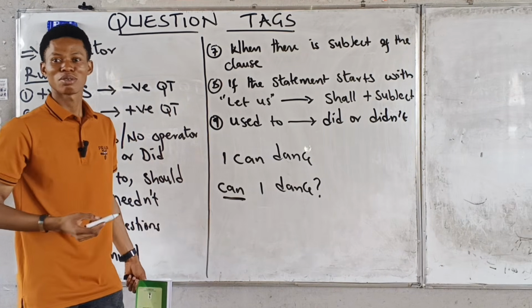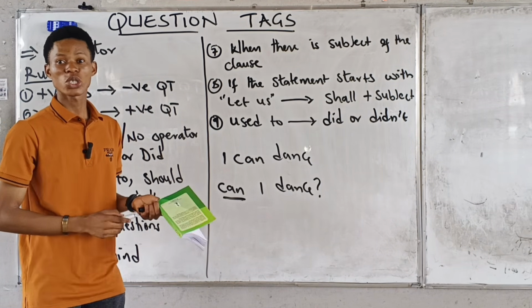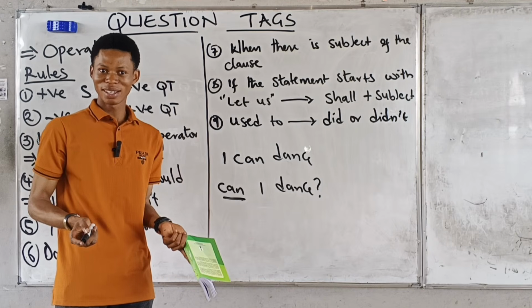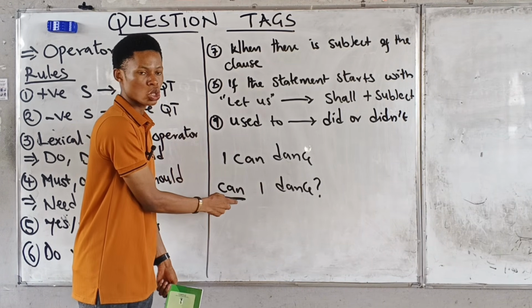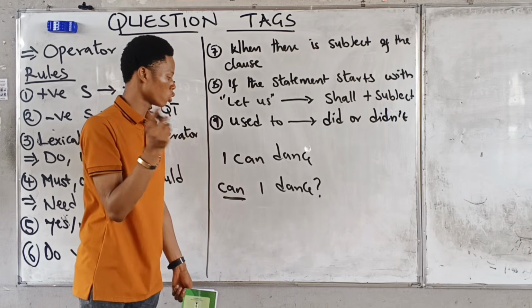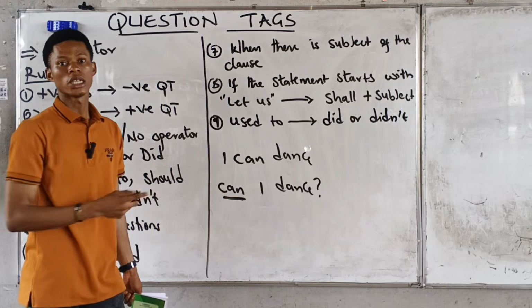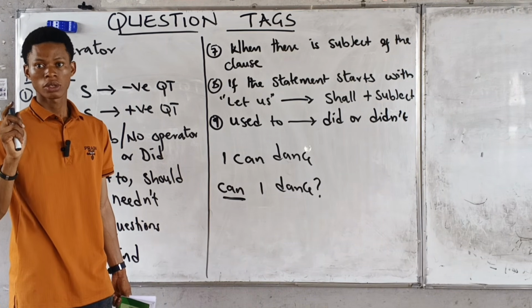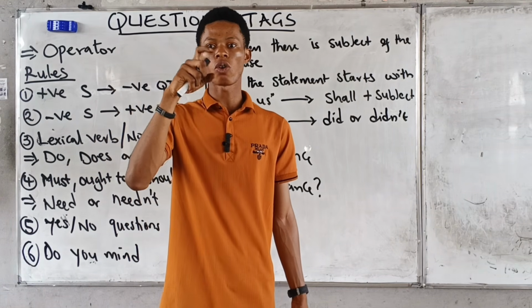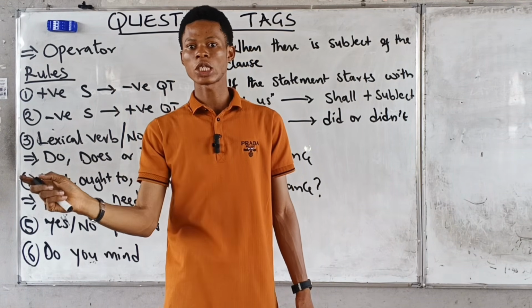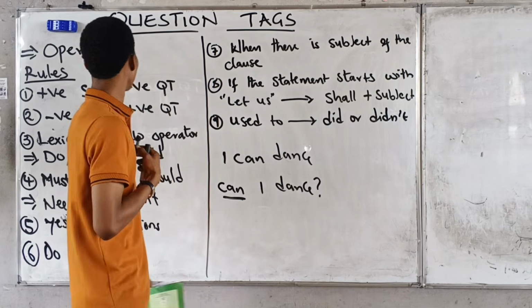Can is the operator. Can you just say "I dance"? You can't say that. So, "can I dance?" The can here is what you use to convert this statement into a question. So this is the operator in this sentence. Do you understand? So anytime you are asked to identify an operator, just know an operator is that thing you use to convert a statement to a question. All right.